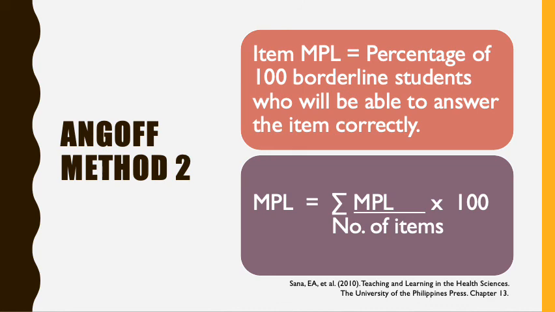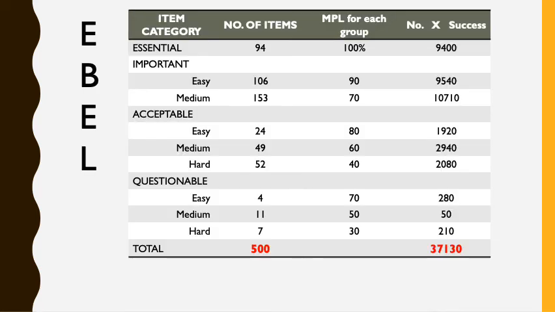You just sum up the individual item MPL, and then you get the MPL for the exam. And lastly, the one we've discussed is the Ebel, wherein you have to categorize your questions as to their relevance and difficulty level.